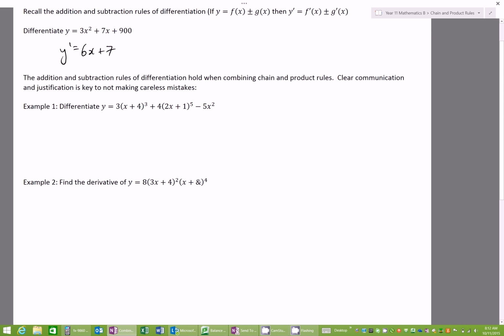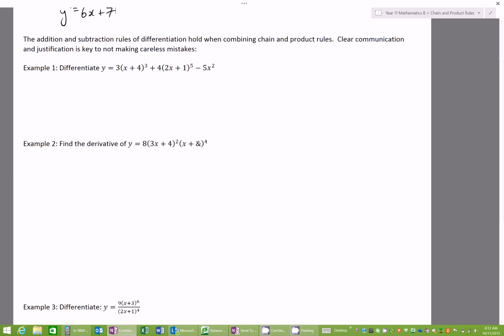So we'll just use the same idea when we involve chain and product rule as well. Since we've done a few chain rules, we probably don't need to be writing out that whole dy/dx, dy/du, du/dx. Hopefully you've got the idea that when we're differentiating this first term, we're just pretending that this thing is just a block, differentiating it, and then multiplying by the derivative of that thing that I crossed out.